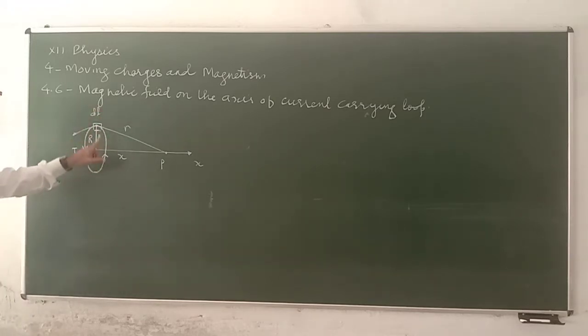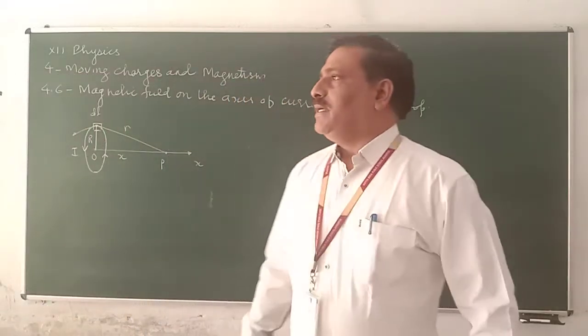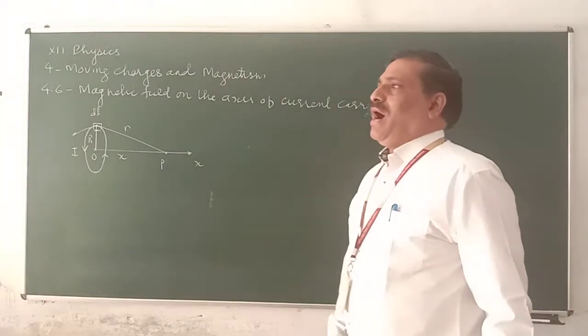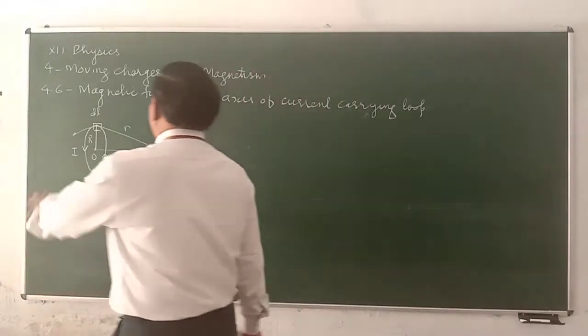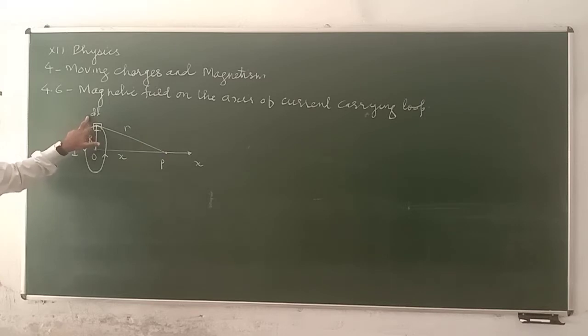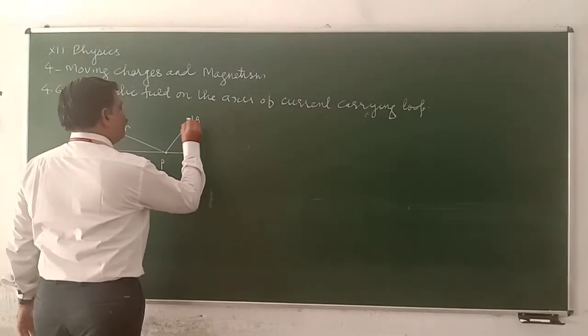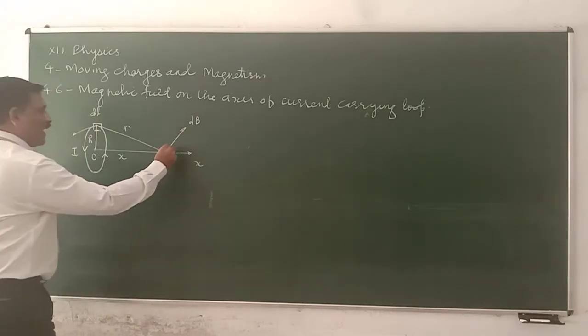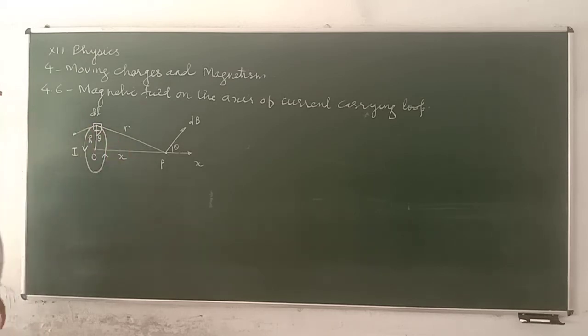We have divided the loop into infinitesimally small elements, and dl is one such element. So I dl becomes the field producing element, the current carrying element. Suppose dB is the field produced. This angle is theta, and this angle is also theta.